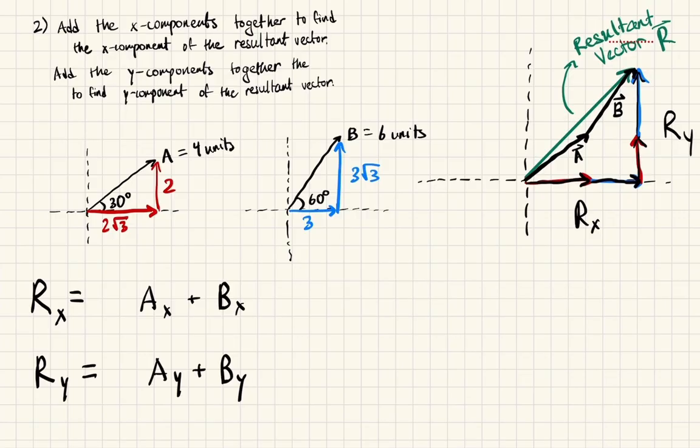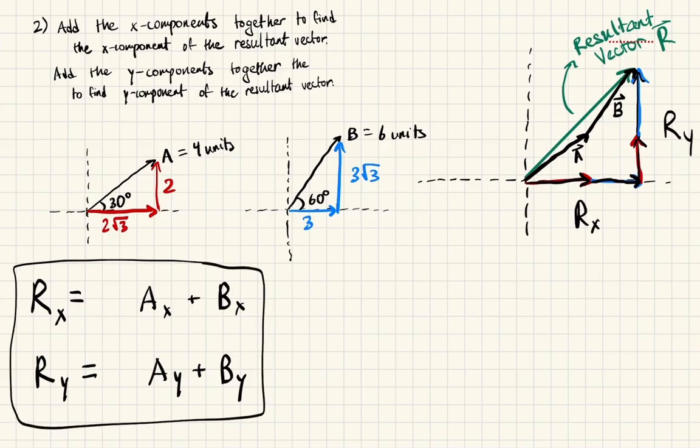And so that's where we get these equations right here, okay? Now, since we're adding the vectors, it's going to be a plus sign, but if we were subtracting the vectors, then you would obviously put a minus sign, okay? And we'll do an example of that a little bit later.